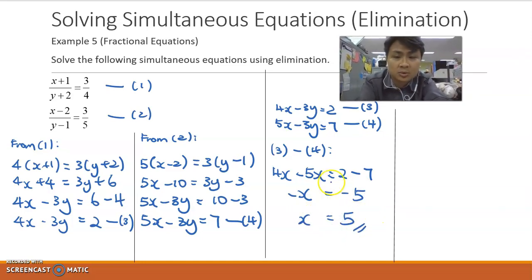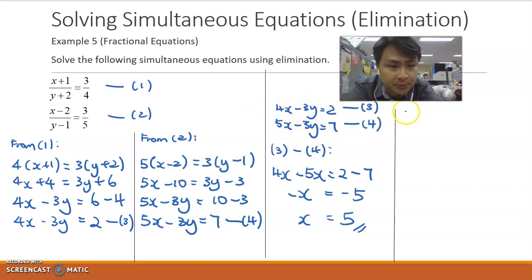Lastly, we will substitute this into one of the equations. Preferably we do not substitute back into equation 1 or equation 2 because dealing with fractions is very complicated. So we will try to use the simpler equations, which is equation 3 or equation 4, to obtain our answer for y. So let's use equation 3. Substitute x equals to 5 into equation 3.